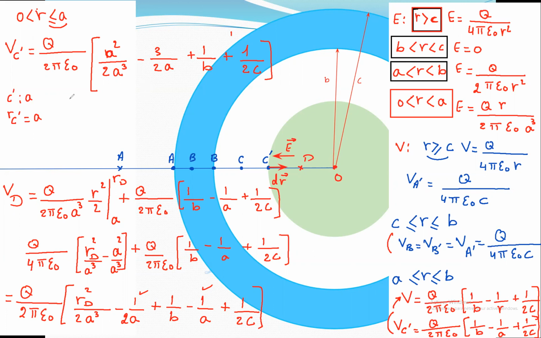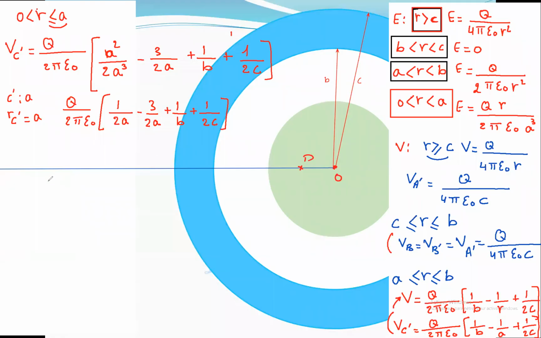It equals Q divided by 2 pi epsilon 0 times 1 over 2a minus 3 over 2a plus 1 over b plus 1 over 2c.